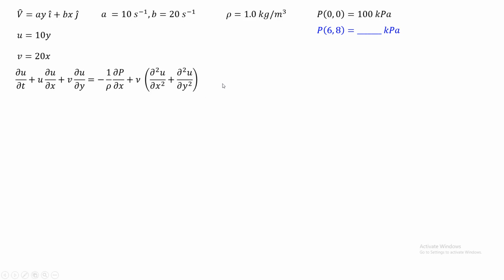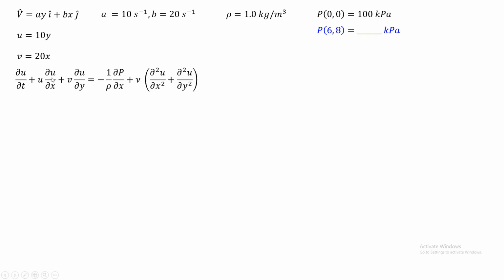We are also neglecting the body force term, since in the question we have been asked to neglect the gravity, right? So we are also ignoring that gravity part. Since we don't have any terms having t in u and v, our unsteady term will become 0, in both x and y momentum equations. So this term will become 0.